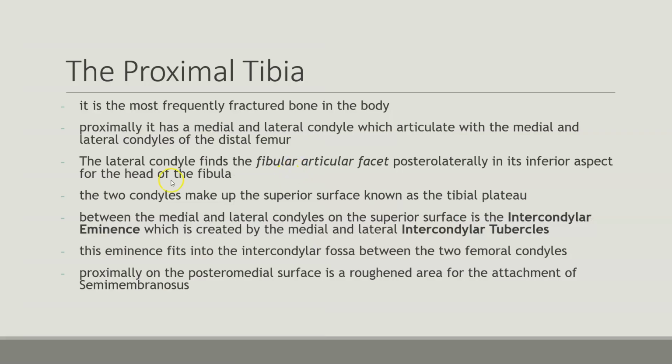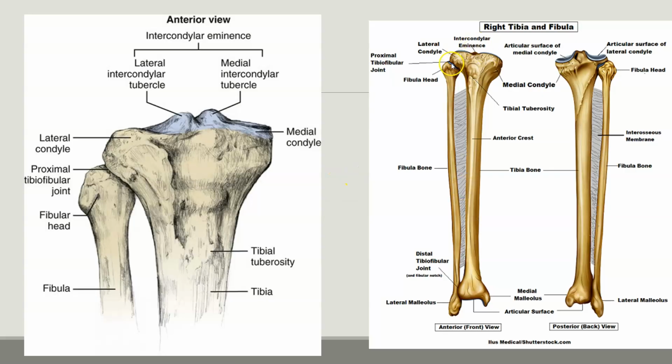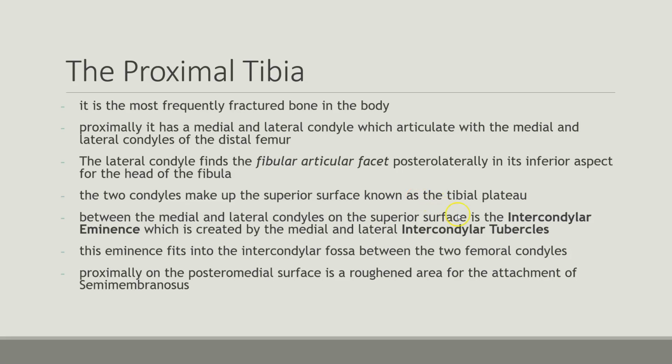On the lateral condyle there is a fibular articular facet, drawn here in light blue, and here from the posterior aspect as well. We can see where the head of the fibula articulates to create the proximal tibiofibular joint, and you can see it in this diagram as well.